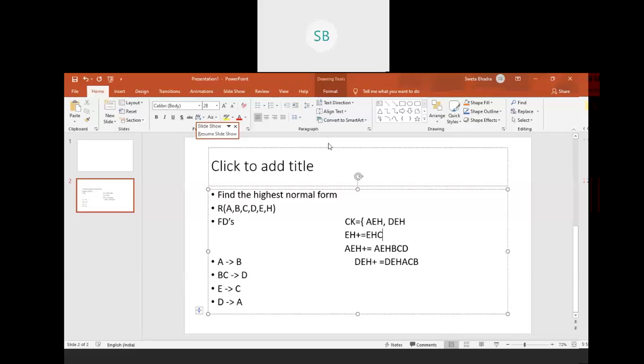Then you apply the formulas and check whether it will be in BCNF, third NF, 2NF, or 1NF. By default this table is in 1NF only, so you have to check for the highest normal form. First check whether it is in BCNF or not, whether it is in 3NF or not, then 2NF. You have to check 3 conditions.